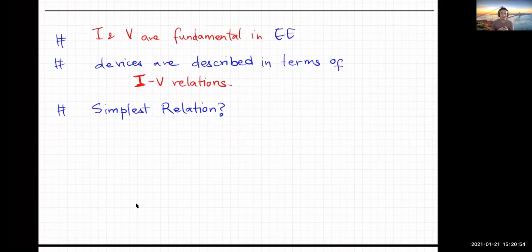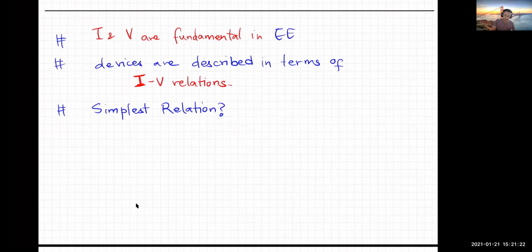So you can have all different kinds of relations between I and V, current and voltage, and the diversity of these relations gives us the diversity of devices that you can use to do different things and build useful devices, useful hardware, let's say. Okay, as this is the first lab, we'll explore the simplest relation between current and voltage, right?